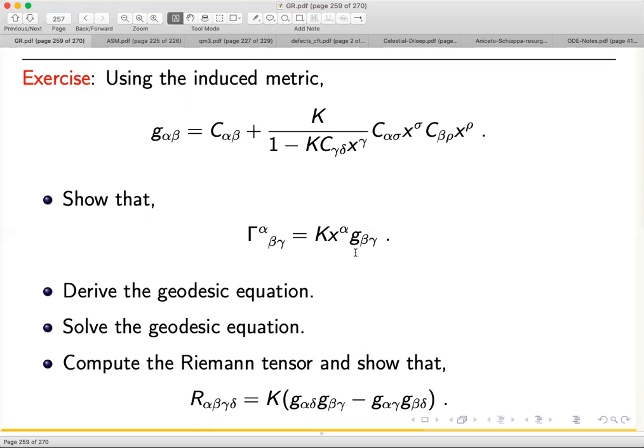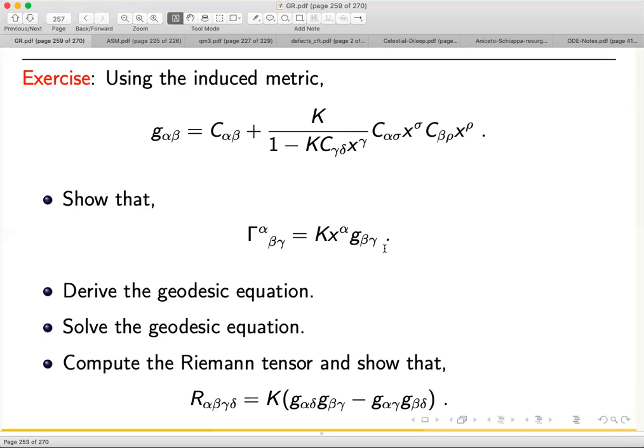Now the metric is not so simple because although C alpha beta is constant, g alpha beta is not. But nevertheless, the geodesic equation would simplify because the Riemann-Christoffel connection is simple.